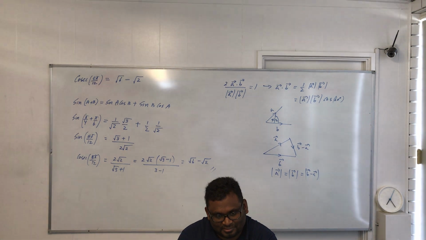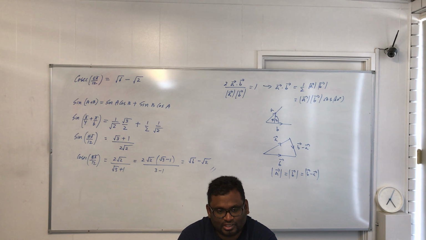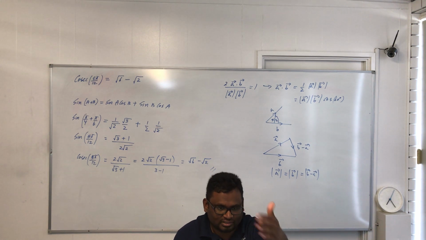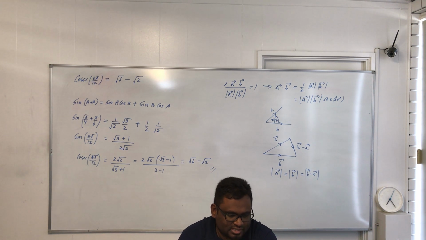Wait, is there a 1, 2, 1? Don't you do 1, 2, 3, 4 all together? I'm so confused.